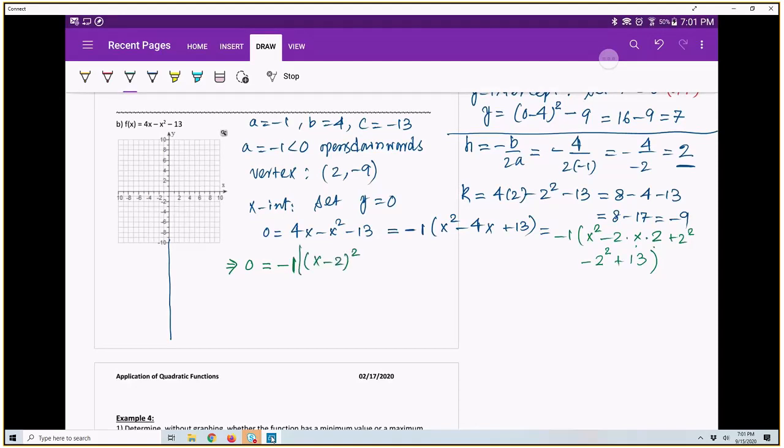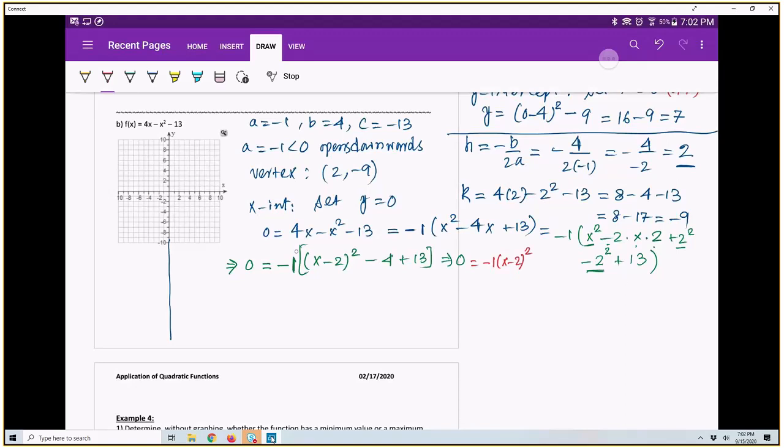Think about it. First term is x, second term is 2. This is a minus, so I get x minus 2 whole square. What else do I have? I have negative 2 squared, which is negative 4, plus 13, which implies 0 should be equal to negative 1 times x minus 2 squared.